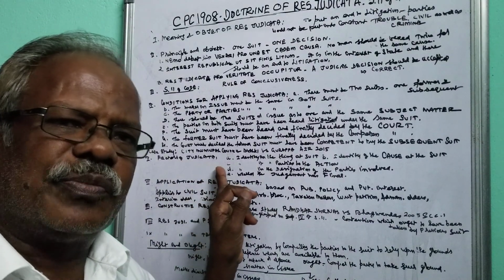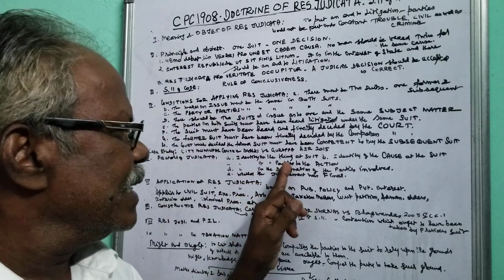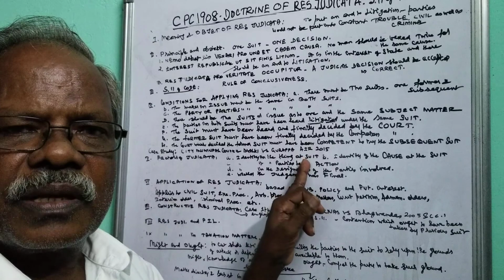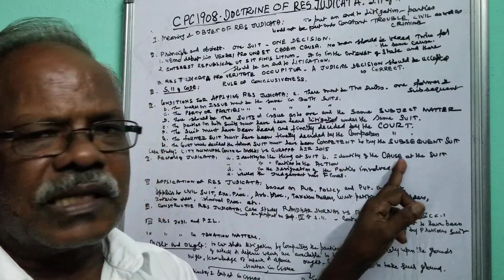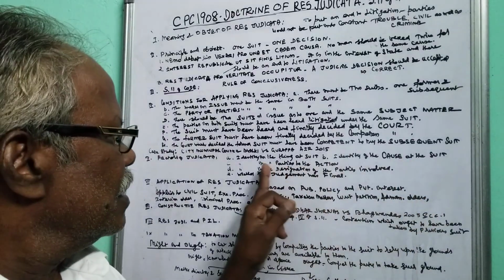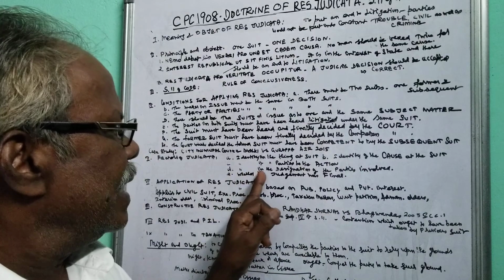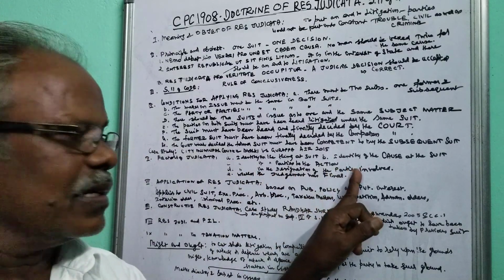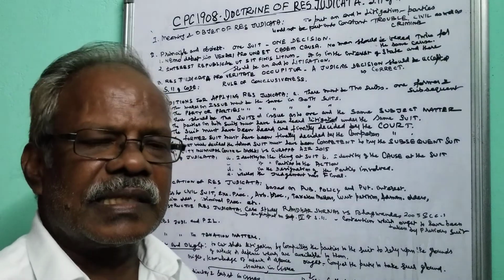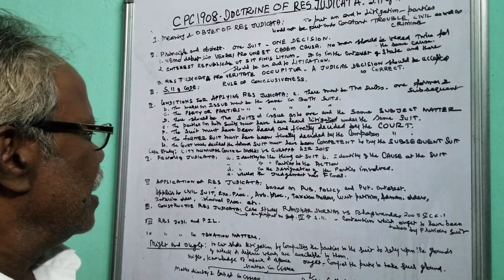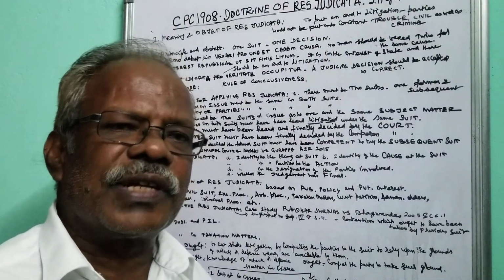What factors should be available for constituting res judicata? Identity of the things at suit, identity of the cause of the suit, identity of the parties to the action, then the designation of the parties involved, and whether the judgment was final or not. These things should be taken into consideration before constituting res judicata.